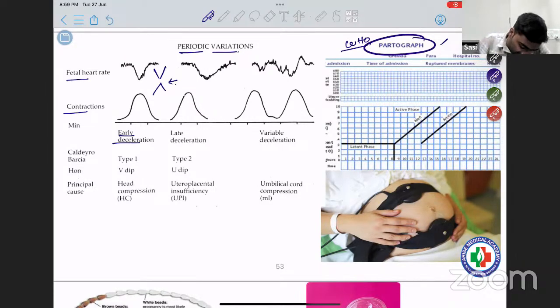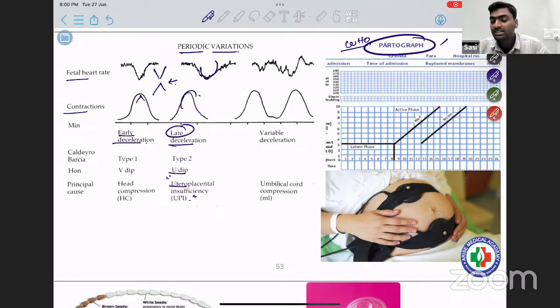So early deceleration will show this kissing type of changes in the CTG. Next one, if it is a type of late deceleration, it will show you this U type. Okay, early one it will show this V type, late it will show this U type, which is because of the uteroplacental insufficiency.